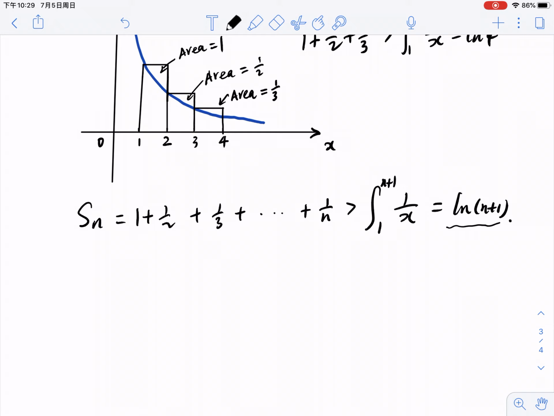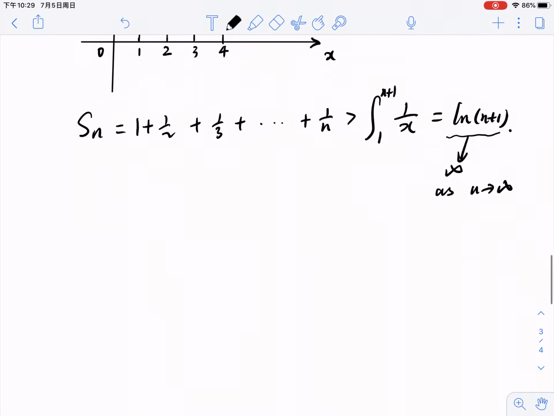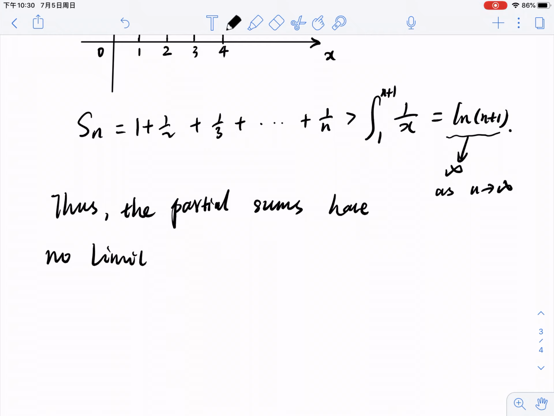Thus the partial sums have no limit, so the series diverges.